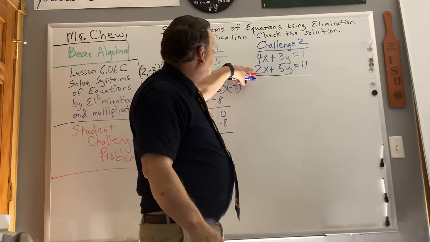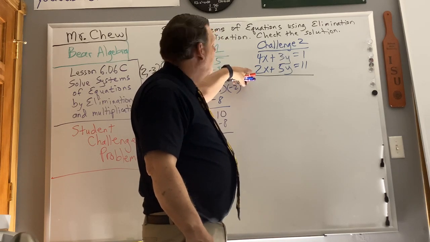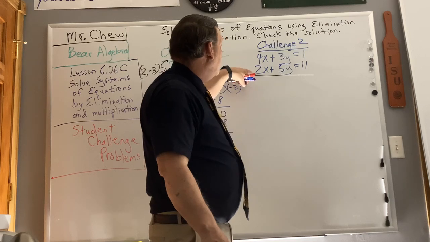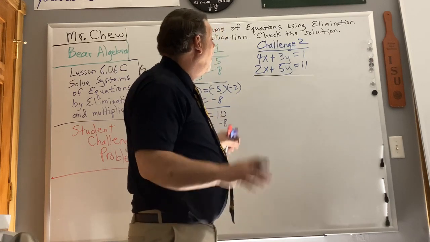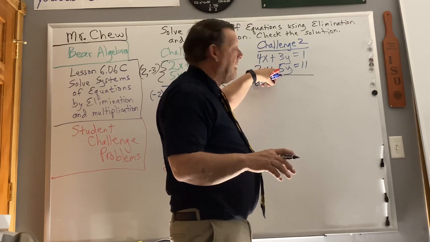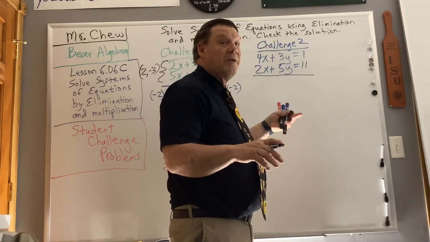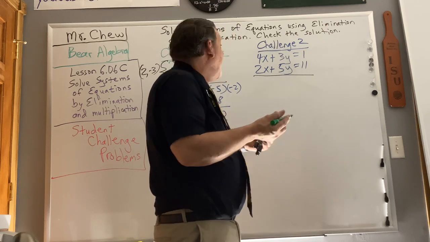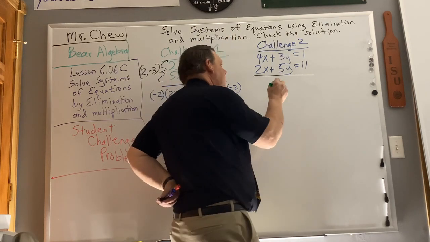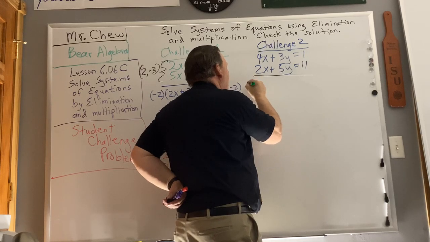So I'm either going to multiply the top one by negative 2 and the bottom one by 4, or the top one by 2 and the bottom one by negative 4, add down, x goes away. Or you're going to multiply the top one by 5 and the bottom one by negative 3 and the y goes away. Or the top one by negative 5 and the bottom one by 3 and the y goes away. And it doesn't matter. So I'm just going to multiply the top one by 2.